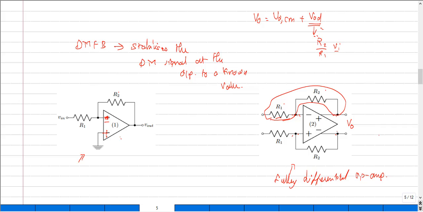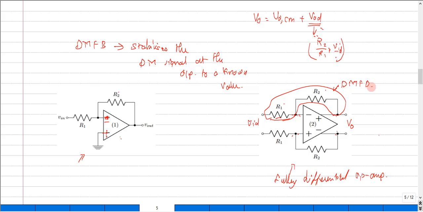So again, if I am observing the outputs differentially, then I need not apply VI by 2. It's just VI. If this is my VID, then just add it here. So we know clearly this quantity is stabilized to this value due to this differential mode feedback circuit.